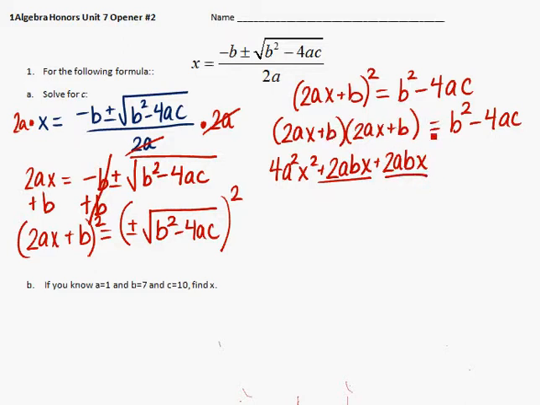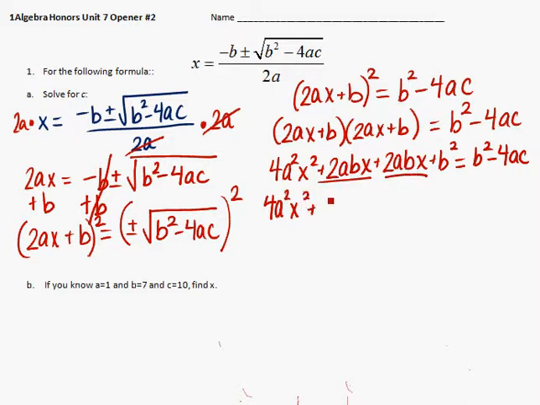Finally, I have b times b, which is b squared. And I can tell right away that that's going to be really convenient because I have a b squared on the right-hand side also. And you'll see in a moment that those two terms will actually end up canceling each other out. Before I get there, though, I'm going to combine these like terms. So I have 4a squared x squared.